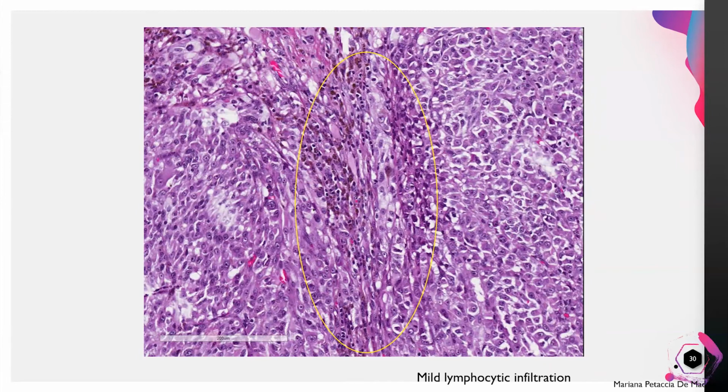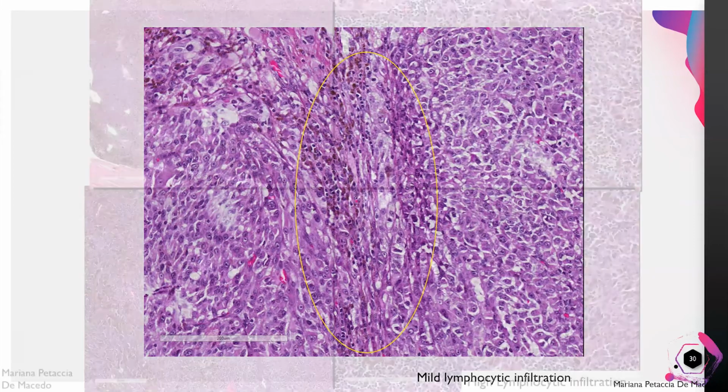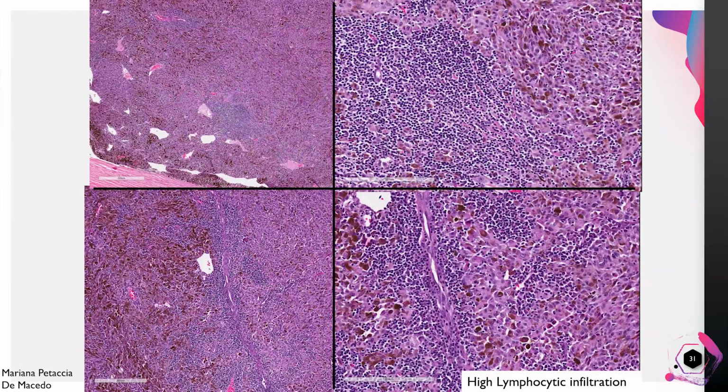Here's a sample that actually has a mild panel. If you see these kind of brownish staining cells, these are some lymphocytes there. You've got a small amount of lymphocytes in a nest of tumor tissue. And then here are some highly infiltrated tumor samples. On the left, you're seeing a nice imbibement of these small leukocytes, T cells, lymphocytes, if you will, white blood cells admixed with tumor tissue.